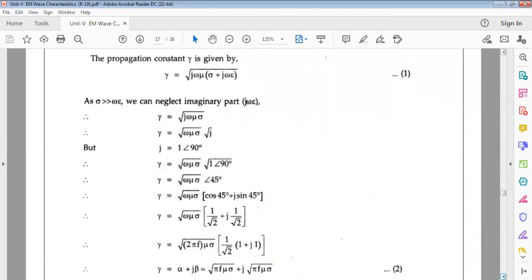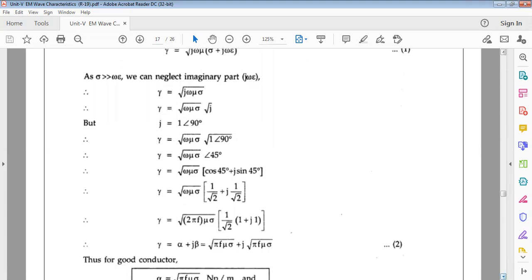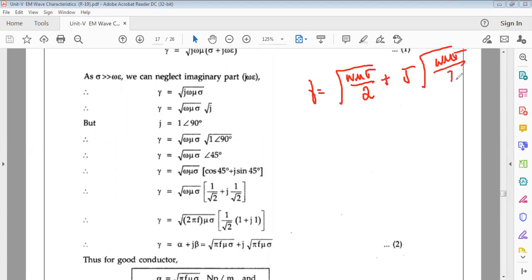So 1 with an angle of 90 degrees is j. So alpha and beta are both the same: under root of omega mu sigma, 1 by root 2 plus j into 1 by root 2. Here it is shown in terms of pi f into sigma. We get omega as under root of omega mu sigma by 2 plus j into under root of omega mu sigma by 2.